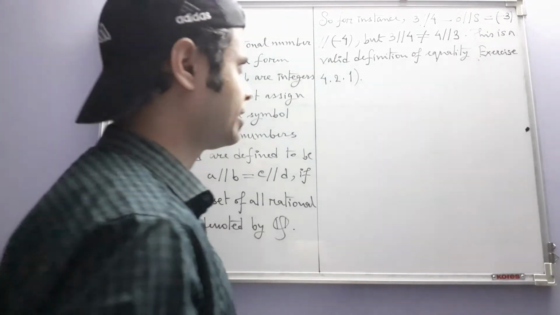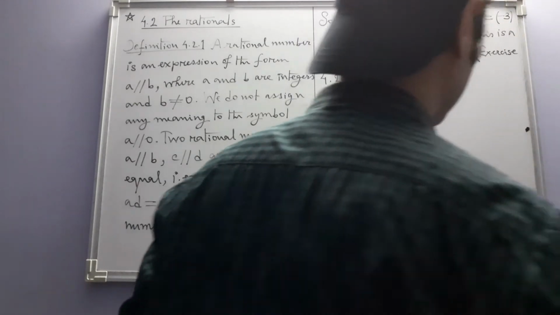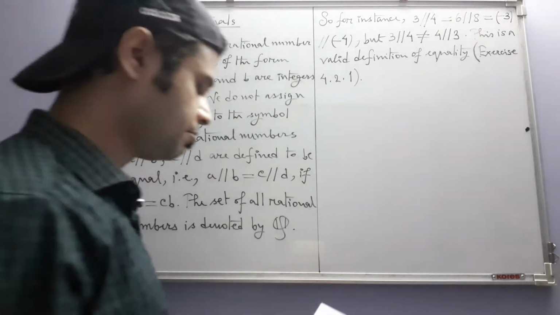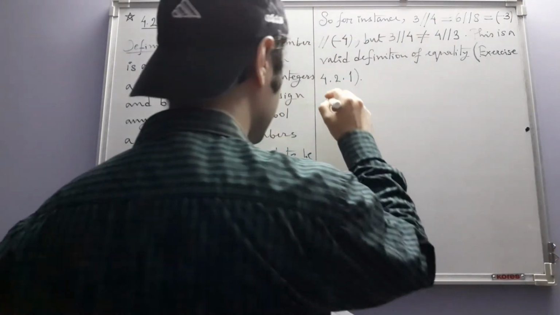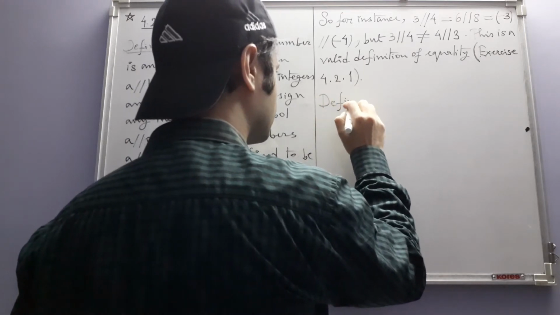Okay. So that's why that was not defined at that point, but after having integers, negation is now an operation. So we are now going to make these definitions in the next definition.